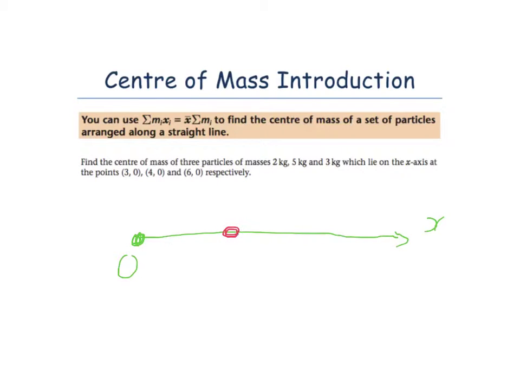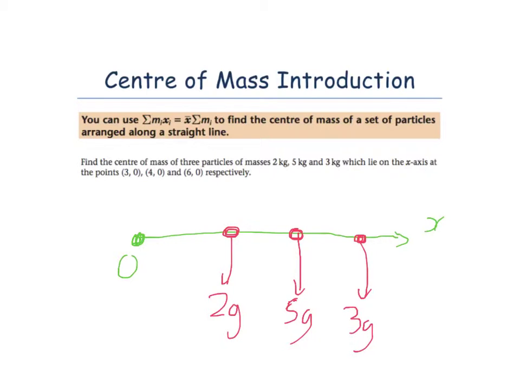So here we've got our 2 kilograms acting downwards, under gravity, because it is going to be the weight. We've also got another particle, 5 kilograms at (4, 0), so 5g, and finally our last particle of mass 3 kilograms, which is a weight of 3g, at the coordinate position (6, 0).